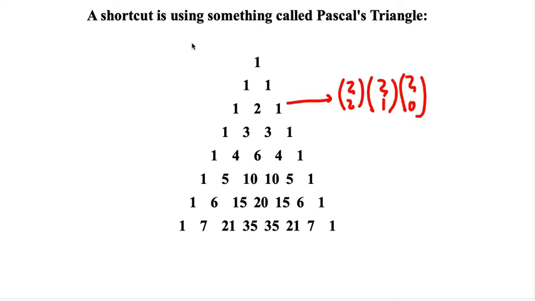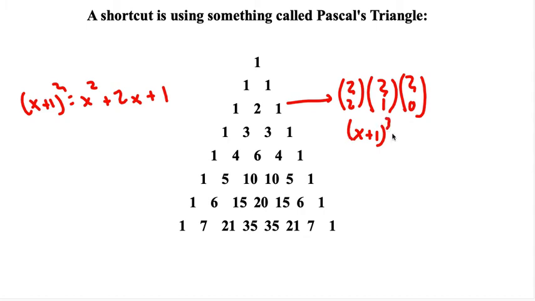Now how does this relate? If you remember way back when we did the expansion of x plus 1 squared, it ended up being x squared plus 2x plus 1. And when we did the expansion of x plus 1 cubed, it ended up being x cubed plus 3x squared plus 3x plus 1.